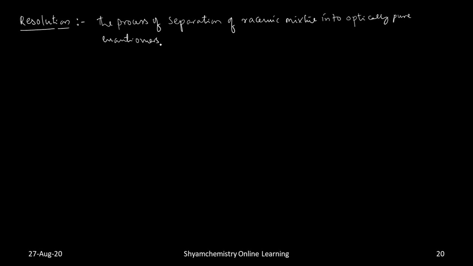So in this process we are separating both the enantiomers. It is a reverse process to racemization. Okay.